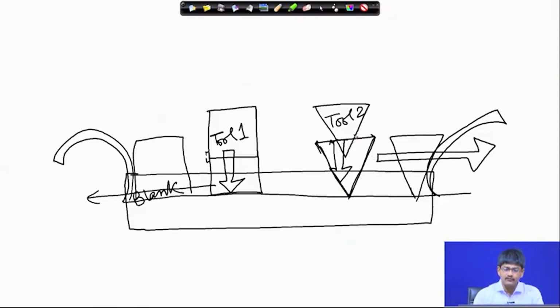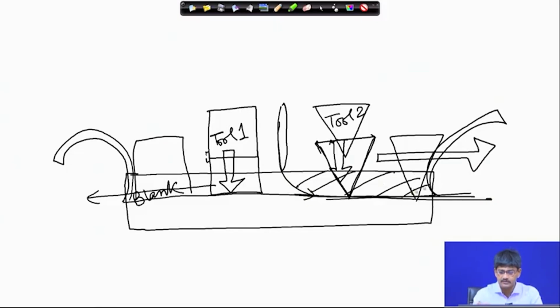You might say, why not this shape? Say a knife. Introduce it this way and then scrape off, cut it here so that this comes out. Problem is, now we are talking of removal of metal, not removal of soft materials, for example, say bread or butter or chocolate.